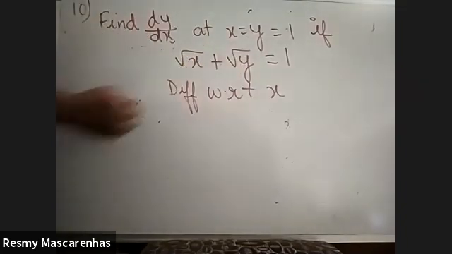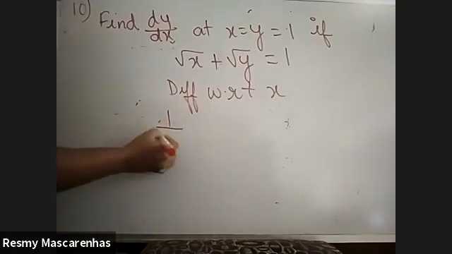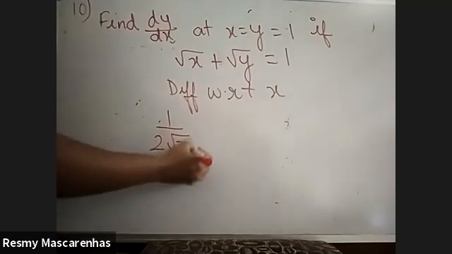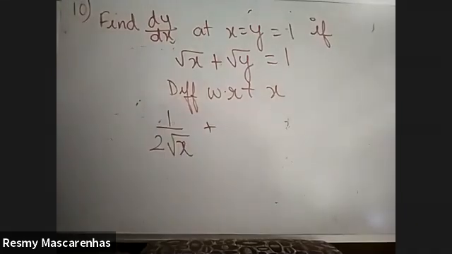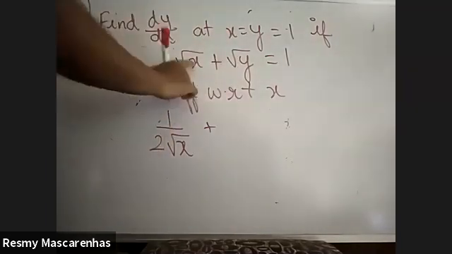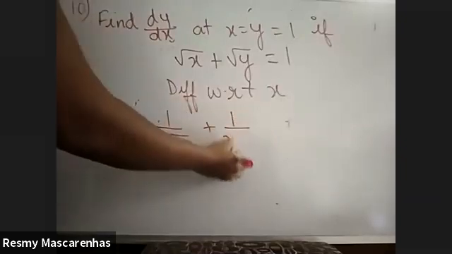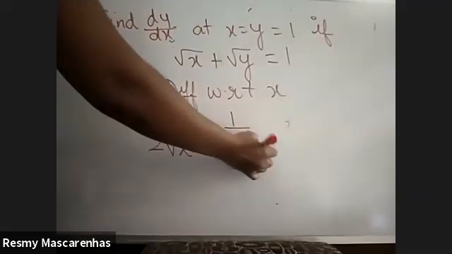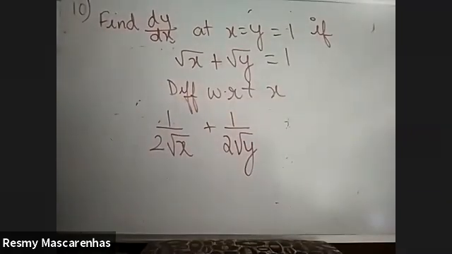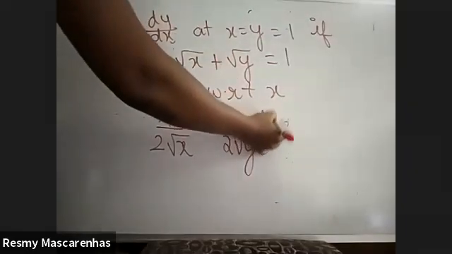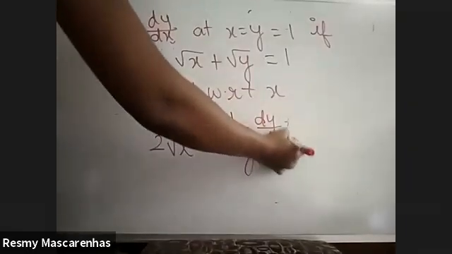So derivative of root x will be 1 upon 2 root x. Same way, derivative of root y, exactly like x you have to follow. Same way it will be 1 upon 2 root y. But since it is y, you have to always write extra dy by dx.